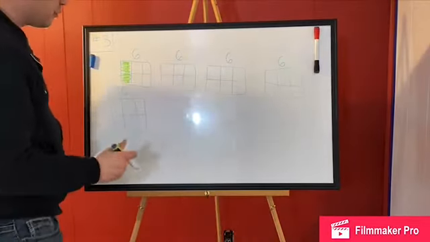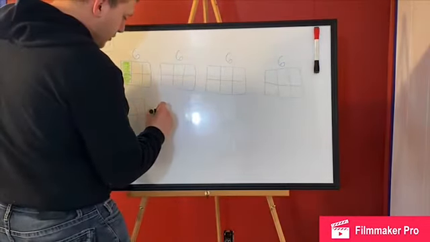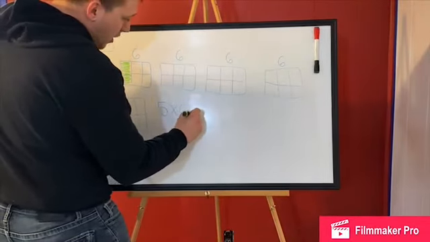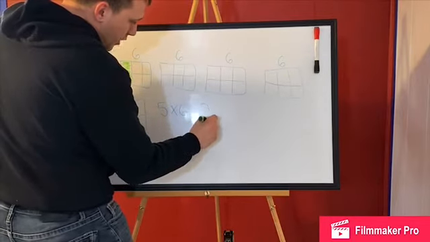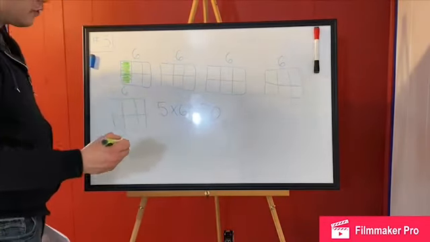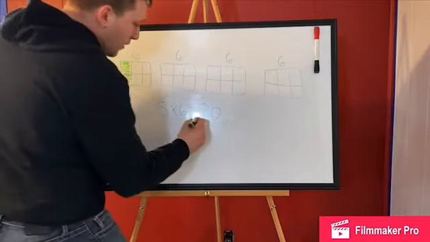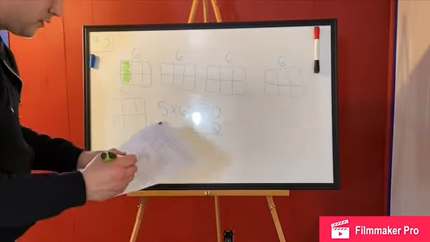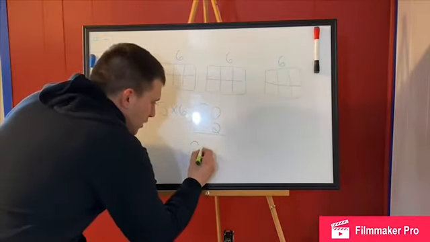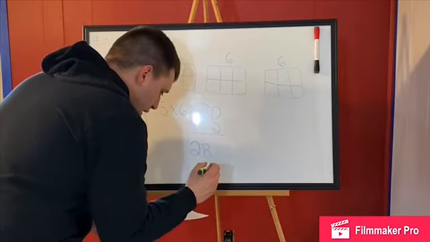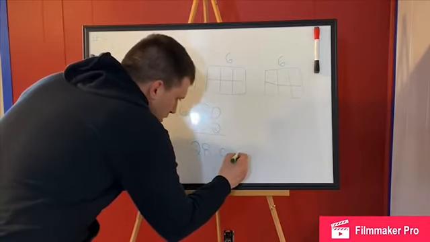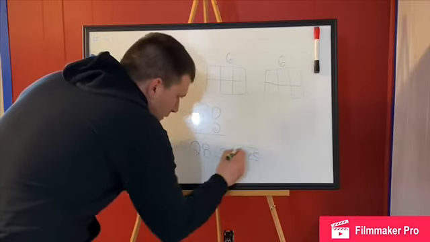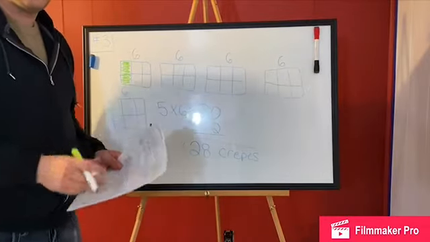So we have 5 groups of 6. So we take our 5 groups, multiply that by our 6 in each group, and we get 30 in total. But now, her and her sister each ate 1. We subtracted the 2, and our answer is 28 crepes. All right, so go ahead and write that down.